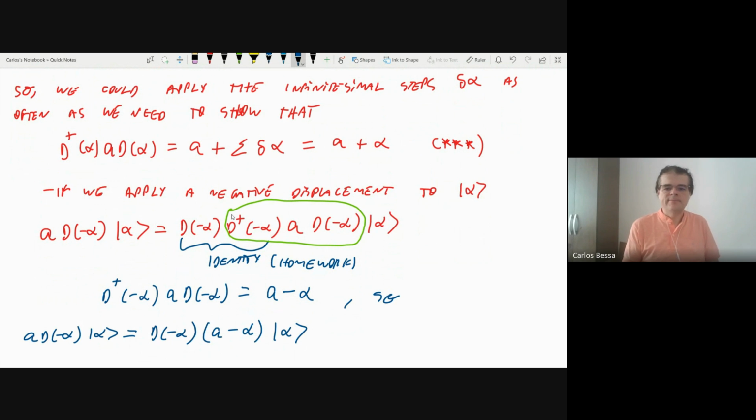But a applied to the alpha state is just alpha times alpha.